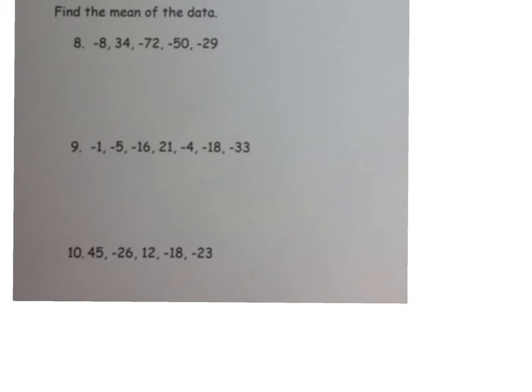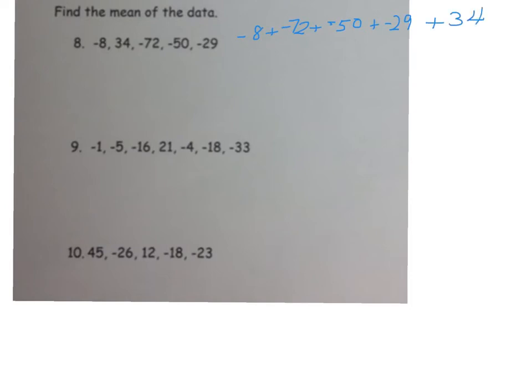I'm going to take all my negatives, so I'm going to use the commutative property. Negative 8 plus negative 72 plus negative 50 plus negative 29. And then I have a positive 34.